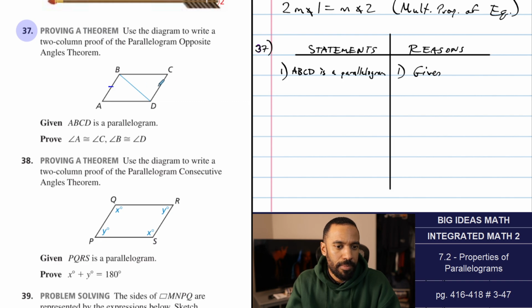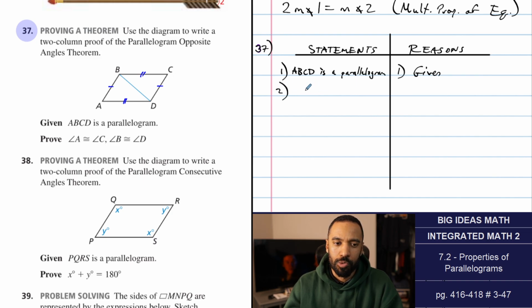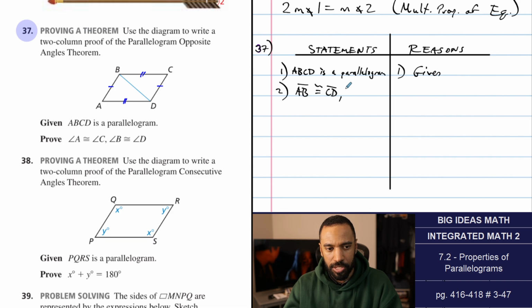I can say AB is congruent to CD and BC is congruent to DA, and all that kind of stuff. So we're going to work those by that other theorem from before. It was proven at one point, so we just go from there. So AB is congruent to CD and BC is congruent to DA. BC congruent to DA by the parallelogram opposite sides theorem.